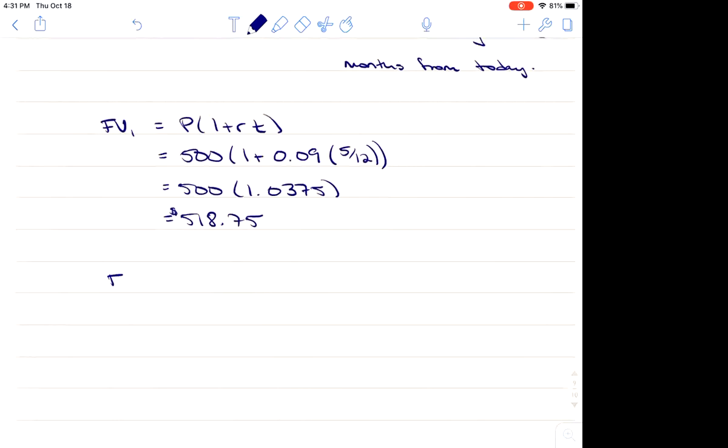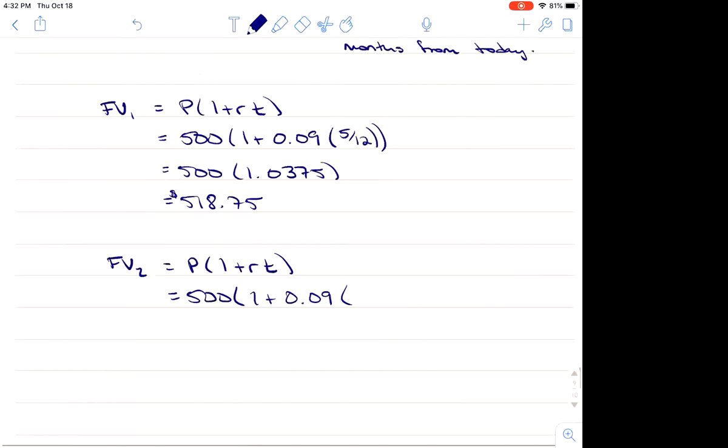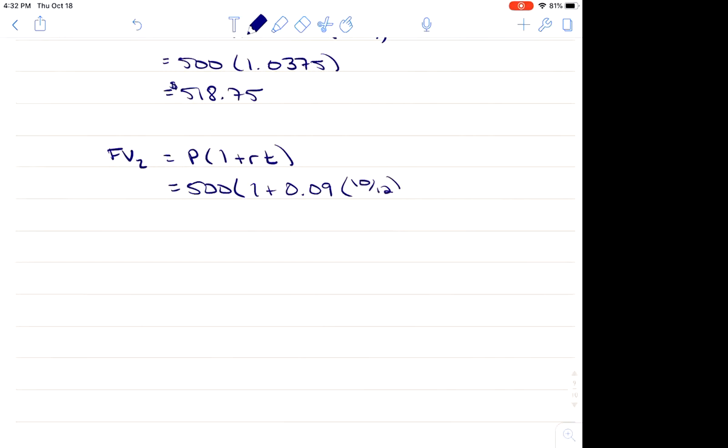Let's do future value 2. P times 1 plus RT. P again is 500, the rate is still 0.09, and T was 10 months. So 10 out of 12 times 0.09 plus 1 is 1.075, times 500, is 537.50.